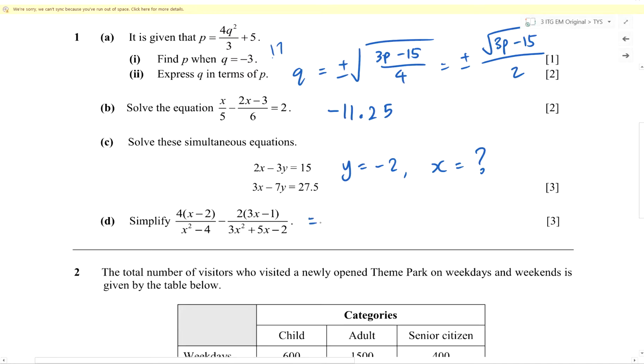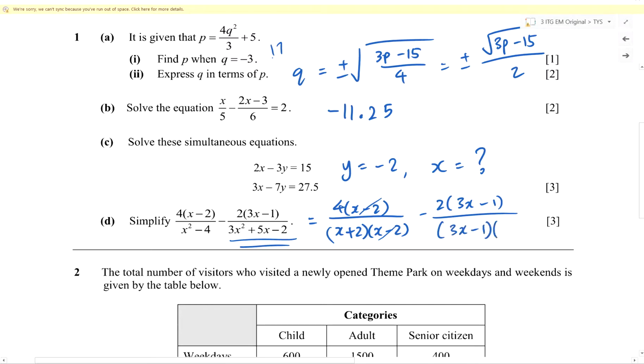So the first fraction, 4x minus 2, recognize that this is x plus 2 times x minus 2. From here, we already can cancel x minus 2, x minus 2. The second fraction is the same. 2 times 3x minus 1 over, you can factorize this out to get a 3x minus 1 as well.